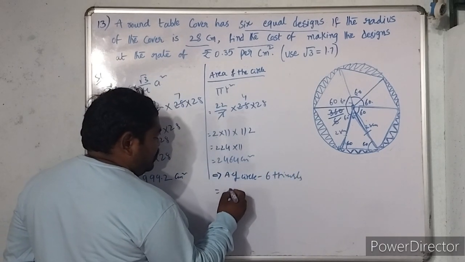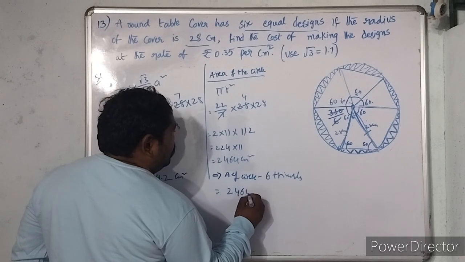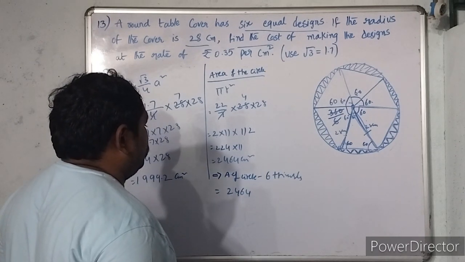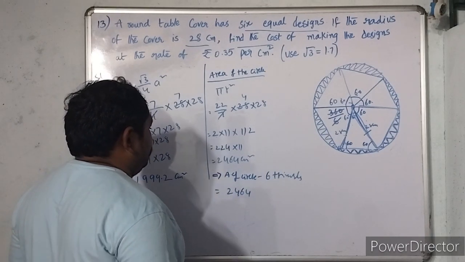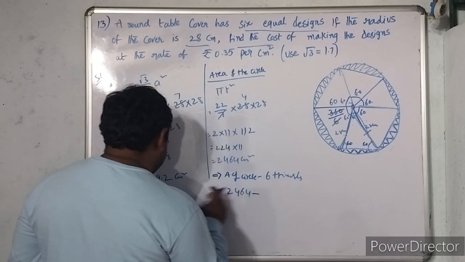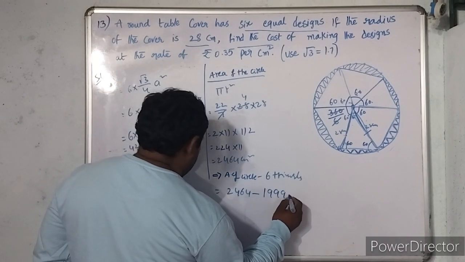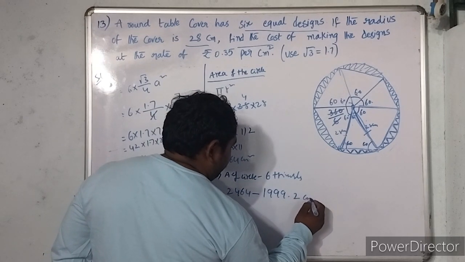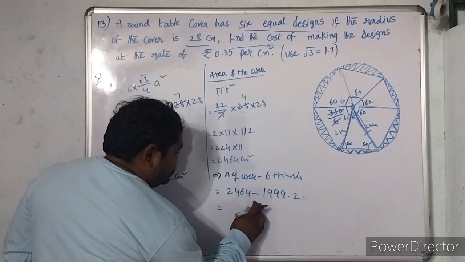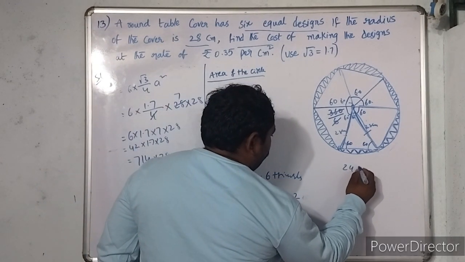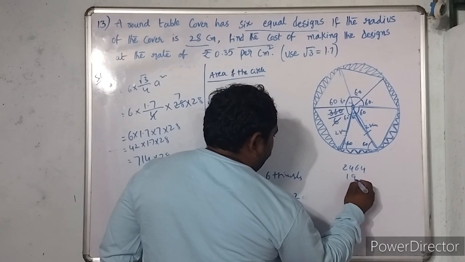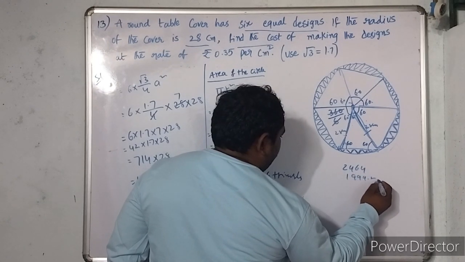Area of the circle, what we get, 2464. Okay, 2464 minus we have 1,999.2 centimeter. What is the remaining area? 2464 minus 1,999.2.